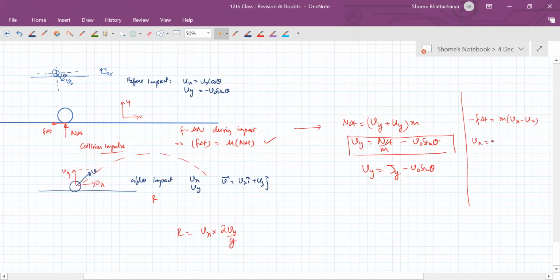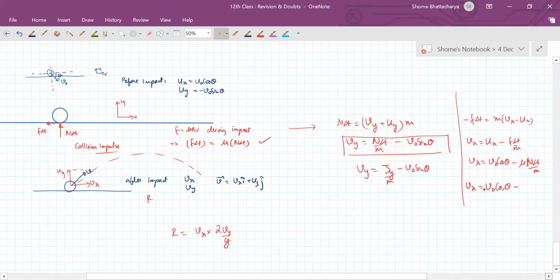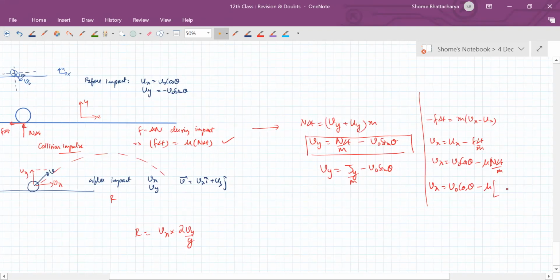So vx will become ux minus f delta t by m, which is v naught cos theta minus mu times n delta t by m. So this is my first equation. This is my second equation.